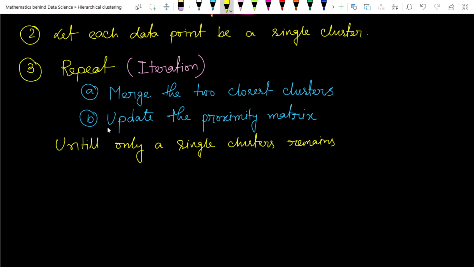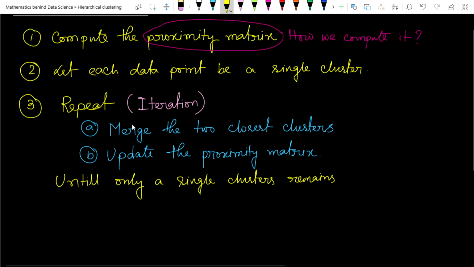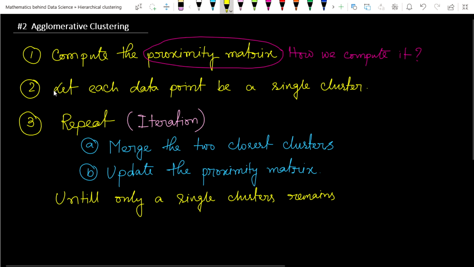Okay, we have to do this job. So these are the three steps we have to maintain in agglomerative clustering.